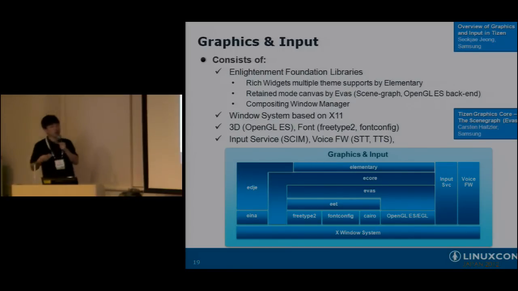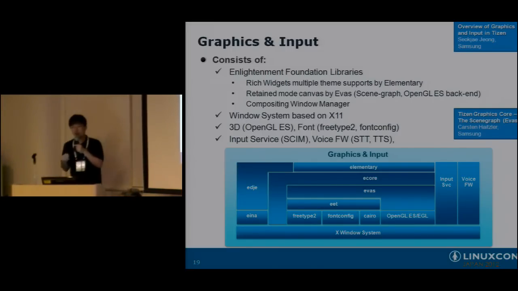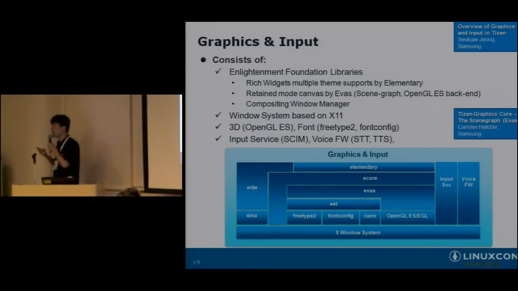As well, you can accelerate that rendering with OpenGL hardware. EVAS actually provides plugin-based backends like a software backend and an OpenGL ES hardware backend, and other backends are supported by EVAS itself. And there was an overview of graphics and input by me, actually.